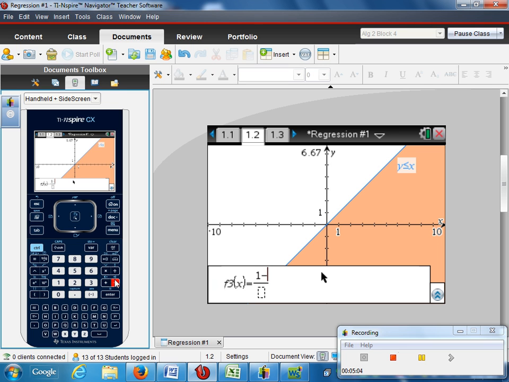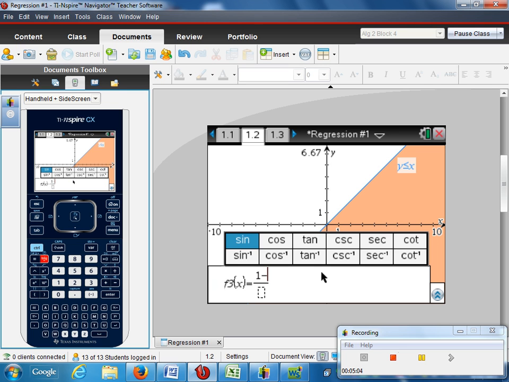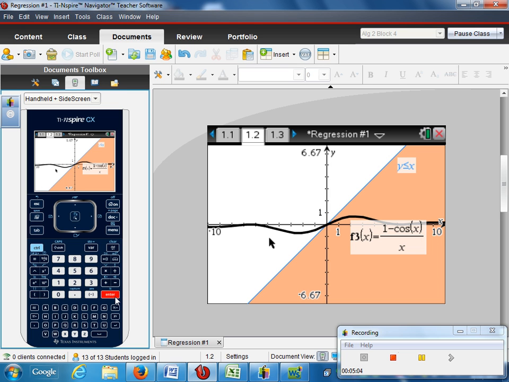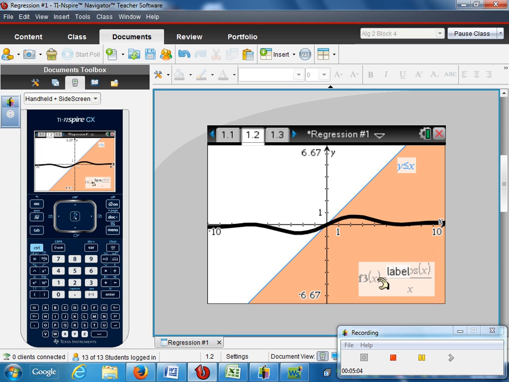1 minus cosine x over x. Ignore the shading. Get that out of the way. So, as you approach 0 on this one, what y coordinate is it going to? Look at the wave, not the line.